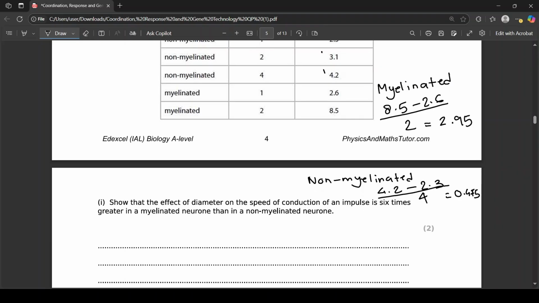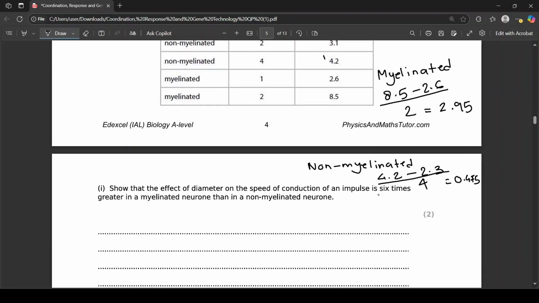So basically now that you have gotten the individual values for the mean increase in both types of neuron, you could just divide them by each other. If you divide the myelinated by the non-myelinated, then we get 6.2, or 6.21 in this case.